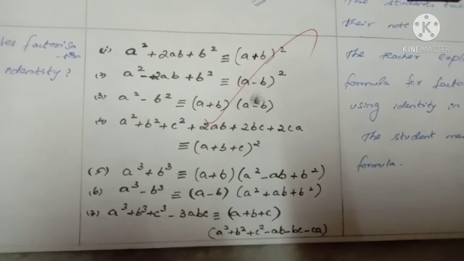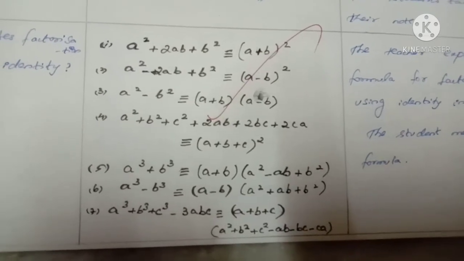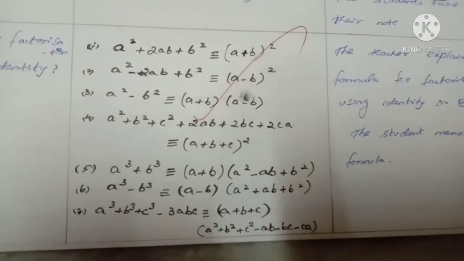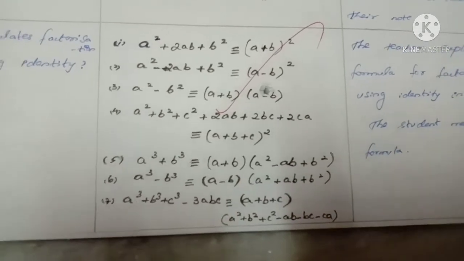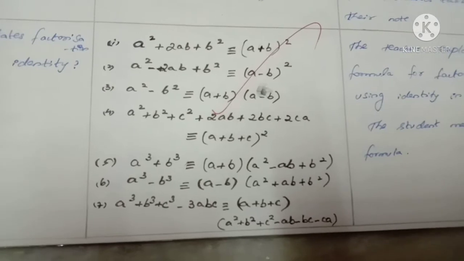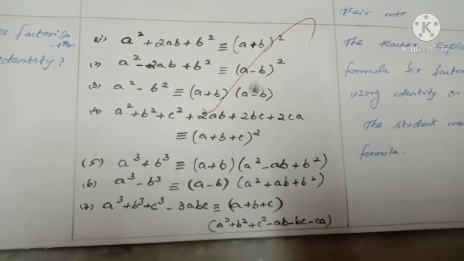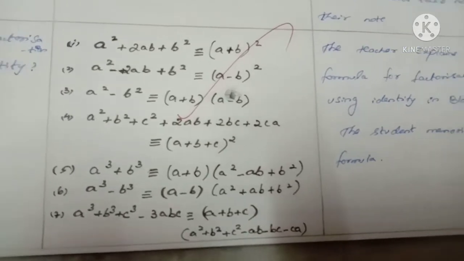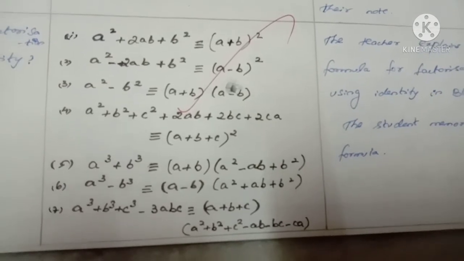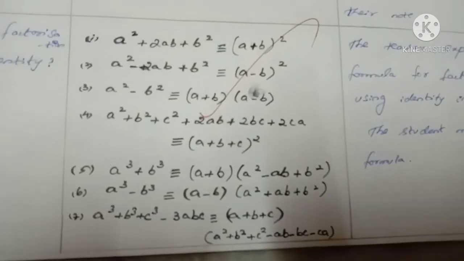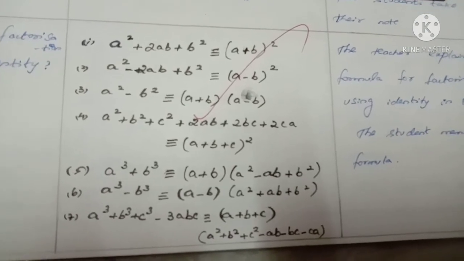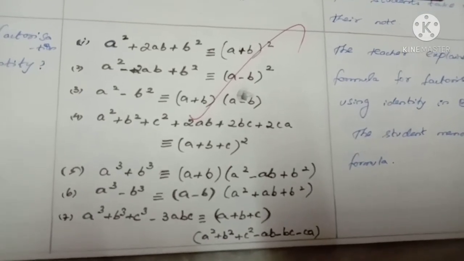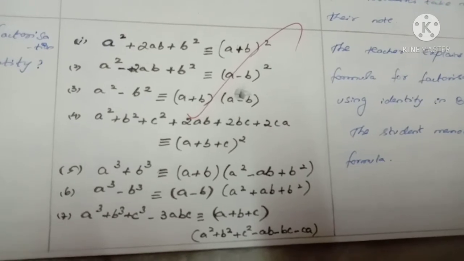Fourth one is a square plus b square plus c square plus 2ab plus 2bc plus 2ca equals a plus b plus c whole square. Fifth one, a cube plus b cube equals a plus b into a square minus ab plus b square. Sixth one is a cube minus b cube equals a minus b into a square plus ab plus b square.